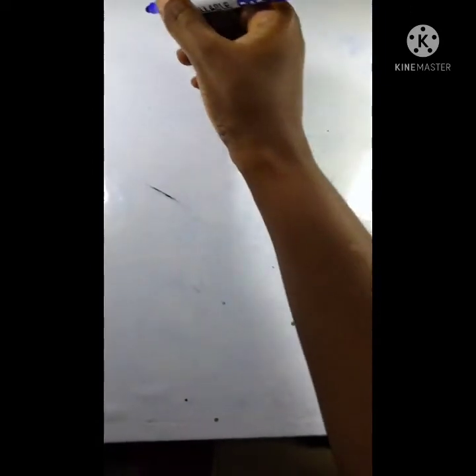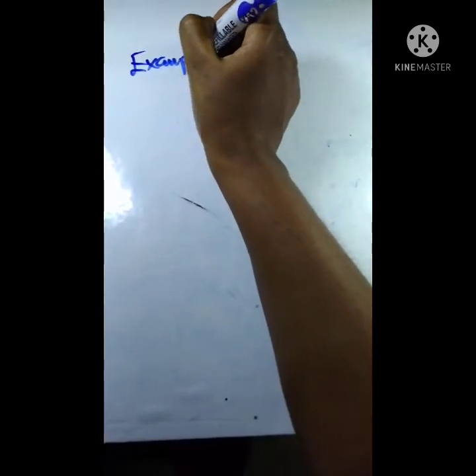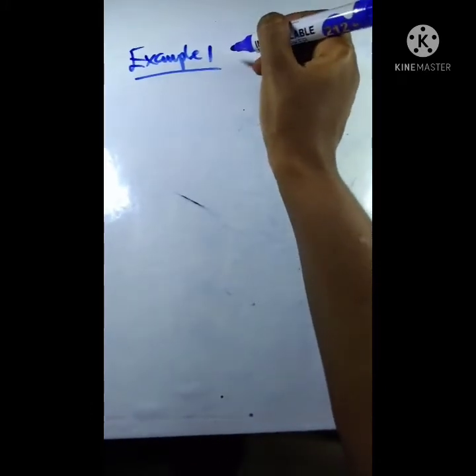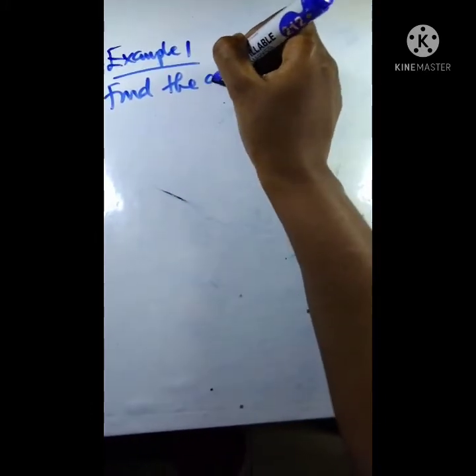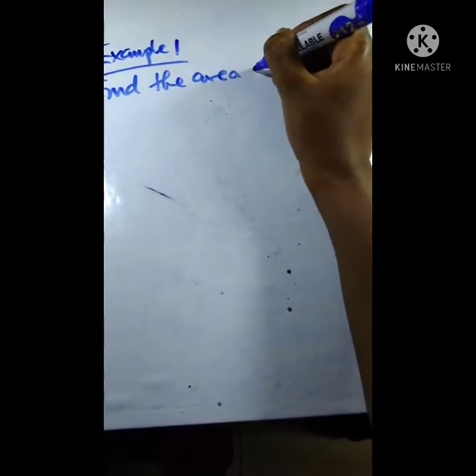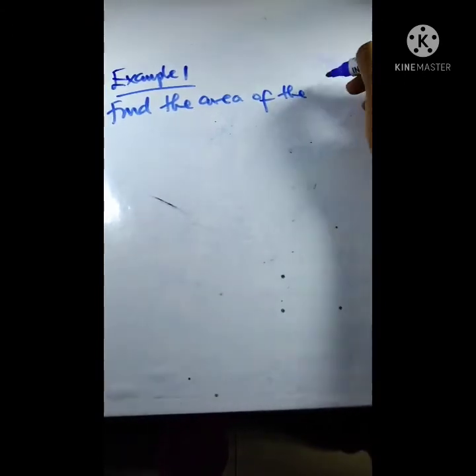So let's solve a quick example of complex shapes. Example 1: find the area of the shape below.